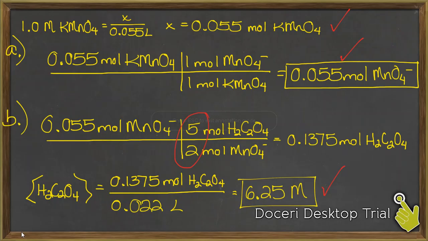I can then use that to find the molarity. It's the same exact process. It doesn't matter that it's a redox reaction or an acid base. It's the same processes again and again.